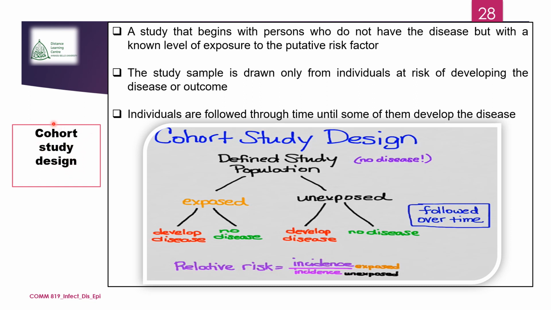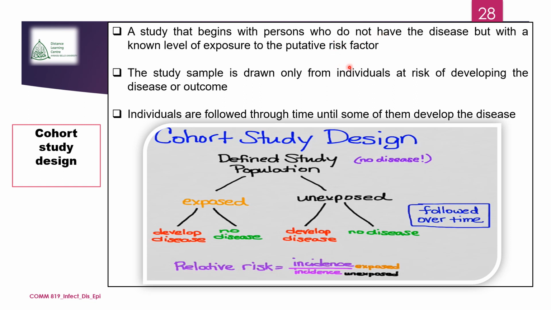The word cohort simply means our study population. Individuals is the cohort. We said a cohort study is a study that begins with persons who do not have the disease but with a known level of exposure to a putative risk factor.